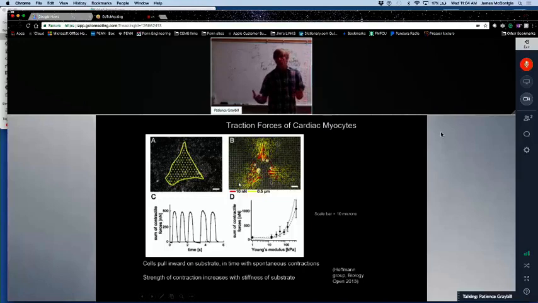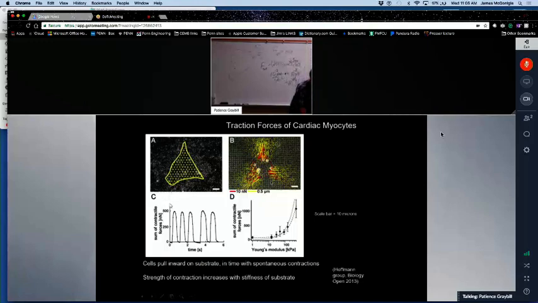And so we have these outwards directed forces, but the forces are vectors. And if you add them as vectors, then it turns out that they basically cancel out. So the cell is sitting there just trying to distort the substrate, but not really moving much as a result. And this is a very common situation in biology.